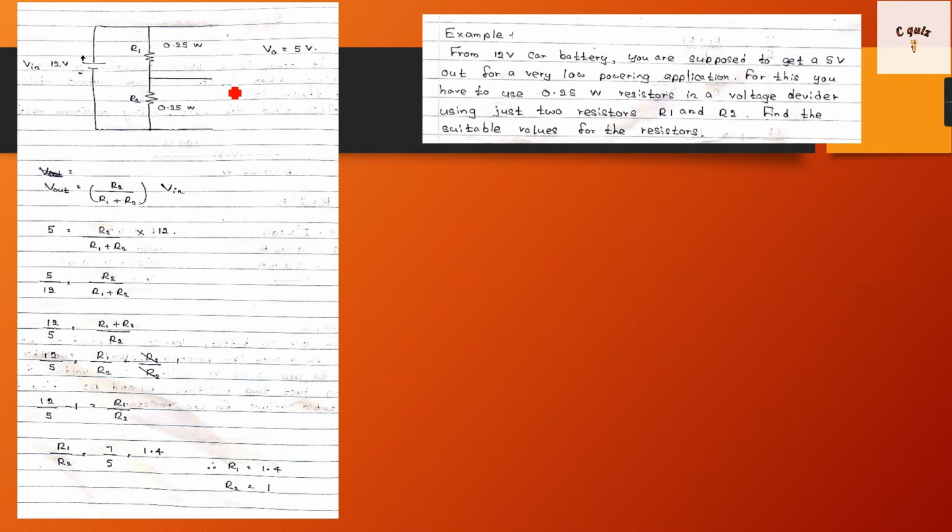Now I'm going to find these R1 and R2 values according to the output voltage of 5 volt. Here is the equation. I put the output voltage as 5 and the input voltage as 12 volt, and then I solve it step by step.